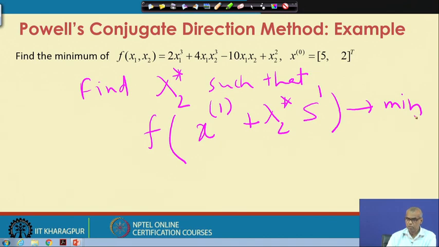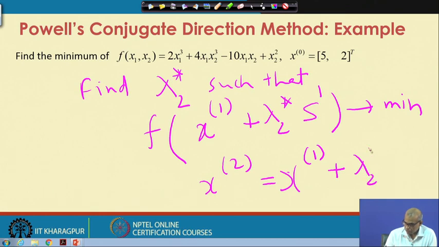Once you have the value of lambda 2 star, you can get x 2 as x 1 plus lambda 2 star S 1. So, x 2 is now obtained.